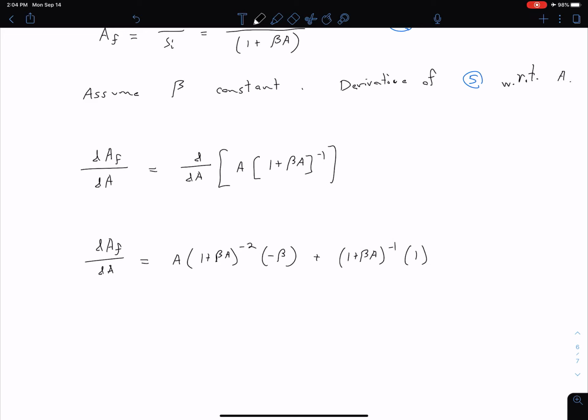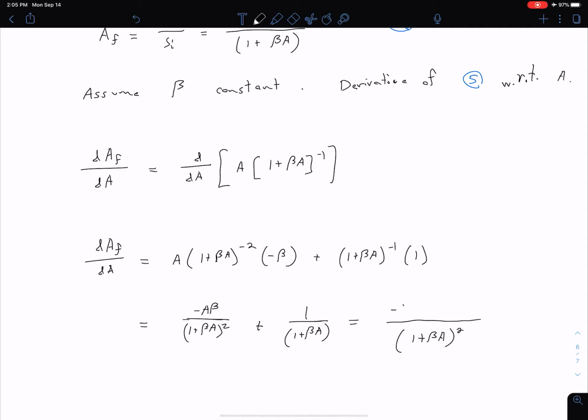So combining all of that together, our first fraction is going to be negative A beta divided by (1 plus beta A) squared, so that whole quantity squared. And our second term is just going to be 1 over 1 plus beta A. Now we're going to want to combine these into one fraction. So let's get a common denominator of quantity (1 plus beta A) squared.